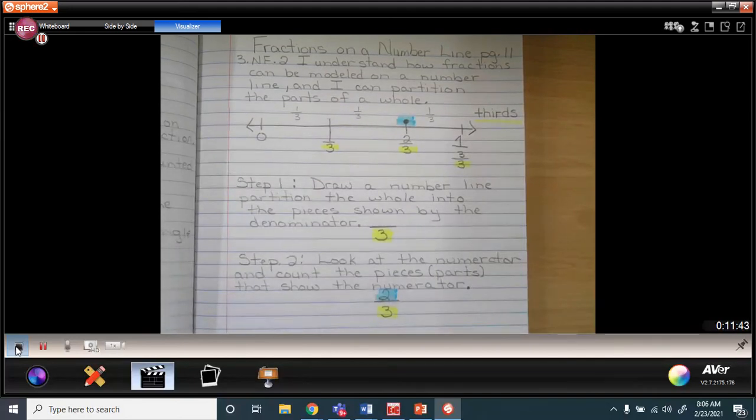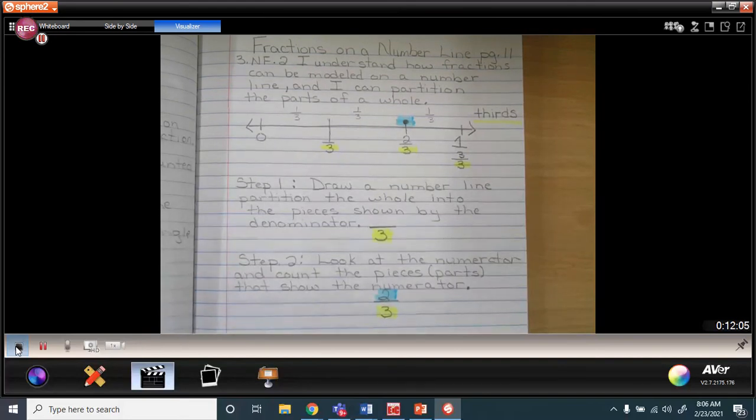You want to try to make them as equivalent or as equal as possible. So start with one of the main or the simpler fractions that we talked about. For example, half. You can take half and break it up into fourths, and then you can take each one of those fourths and cut them in half and make eighths.